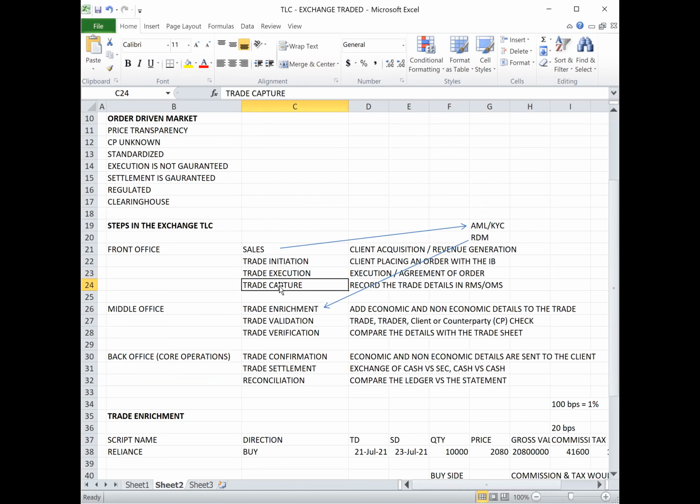Okay. What happens in trade capture is whatever trade details are there, front office people will capture those details in the RMS or OMS system. Guys, this is different from RDM. Please note, this is different from RDM.